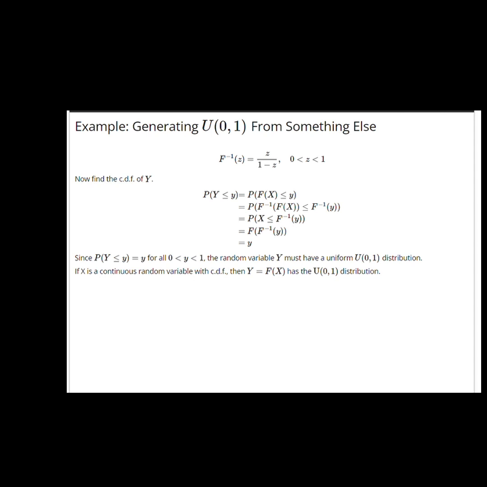So let's recap. We took a continuous random variable capital X, and defined a new random variable Y equals capital F of X, where F was the CDF of X. We discovered that the new random variable Y was uniform on 0, 1. This is true not just for this distribution, but for any continuous distribution. Every continuous random variable X can be transformed into a uniform on 0, 1 by using its own CDF.